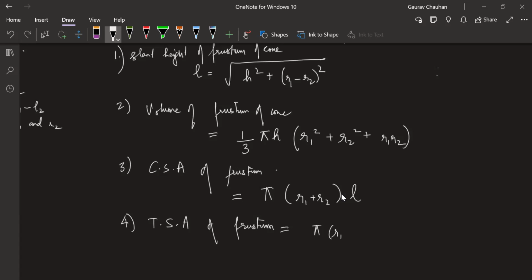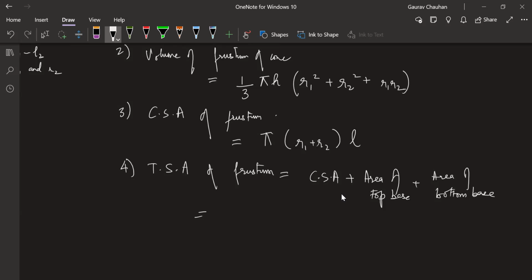So total surface area is basically CSA plus area of top base plus area of bottom base. Once this is done, you will get pi (R1 plus R2) l plus pi R1 square plus pi R2 square.